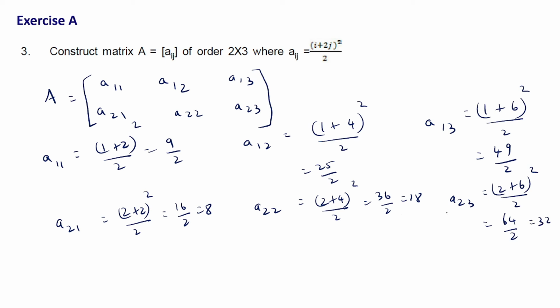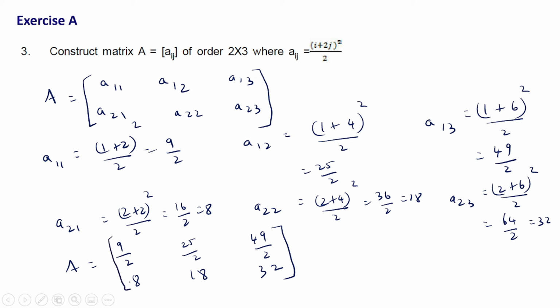This is 32. So we have A is equal to A11 is 9 by 2, A12 is 25 by 2, A13 is 49 by 2, A21 is 8, A22 is 18 and A23 is 32. So this is the matrix A.